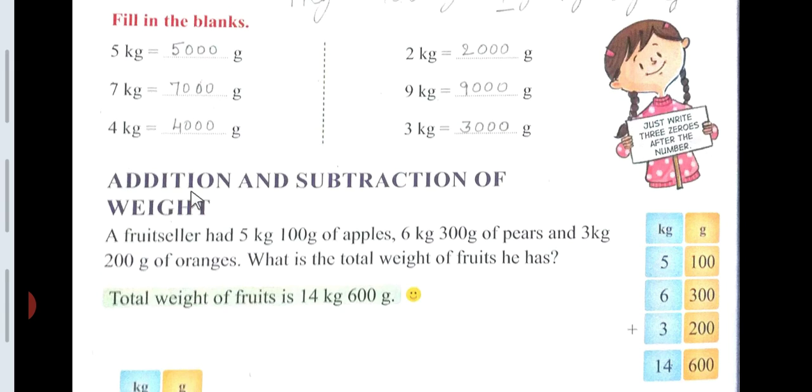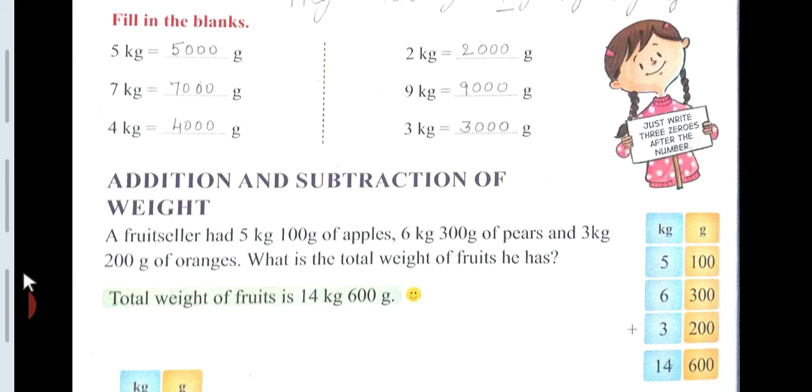Now you can see the addition and subtraction of weight. A fruit seller had 5 kg 100 grams of apples, 6 kg 300 grams of pears and 3 kg 200 grams of oranges. What is the total weight of the fruits he has?